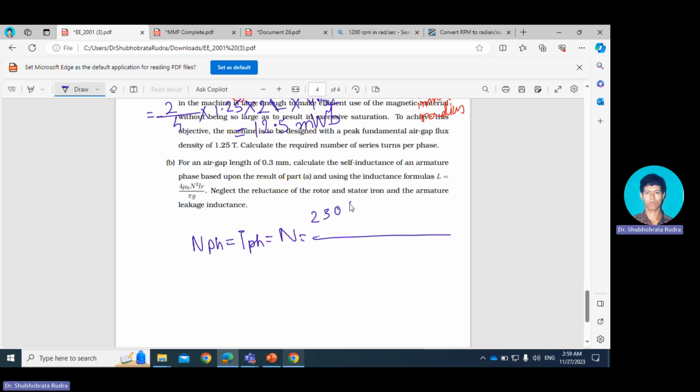Here VRMS is 230 by √3 into number of poles, that is 4.